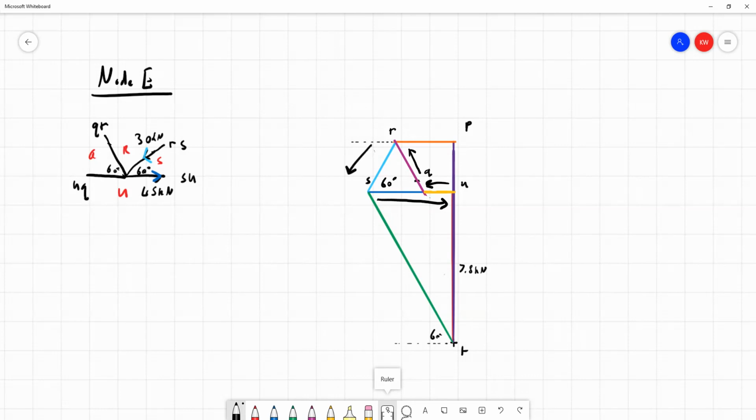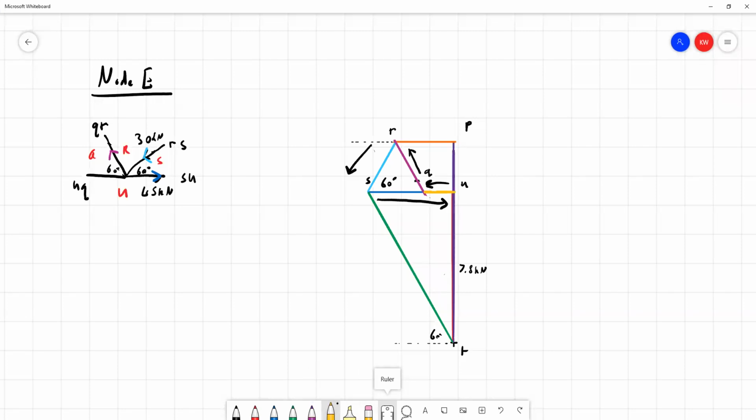And so from this, first of all, we can take what all the natures of these vectors are. QR, which represents the member BE, is heading away from the node, which means this is a tie.